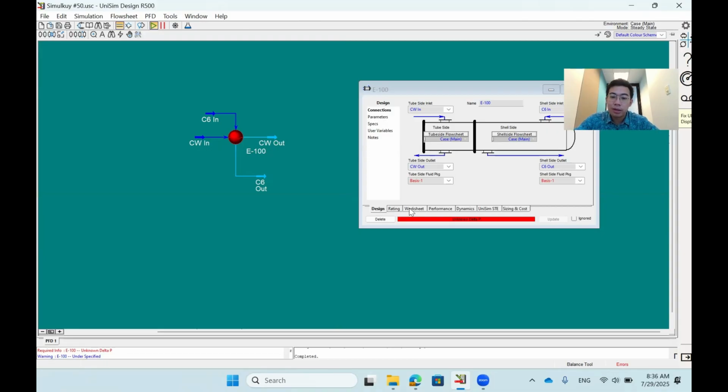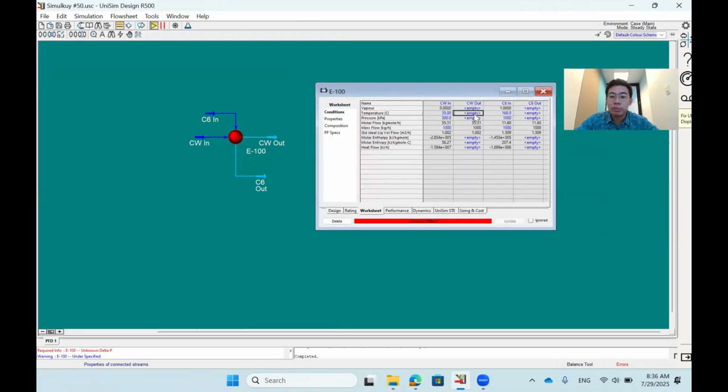Let's see. For example, this cooling water will be heated up to 40 and the C6 will be cooled down to 120. You can see that the solver couldn't solve this problem yet. Now, what if we make it like this? We put 0 here.